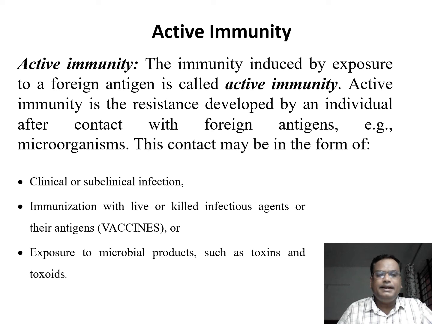Now, we already discussed active immunity with a simple example. Active immunity, the immunity induced by exposure to a foreign antigen, is the resistance developed by an individual after contact with foreign antigens, for example, microorganisms. Active immunity may be developed due to clinical or subclinical infections, or due to immunization with vaccines, right?